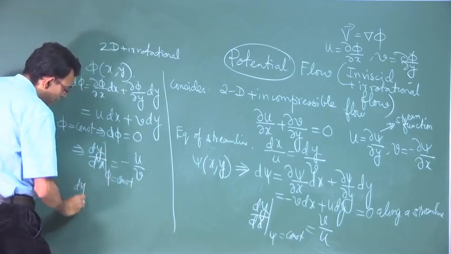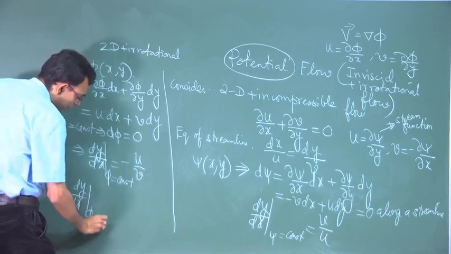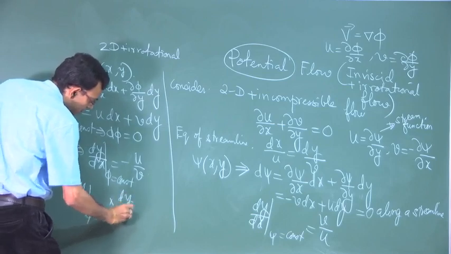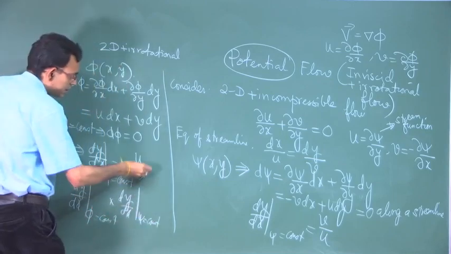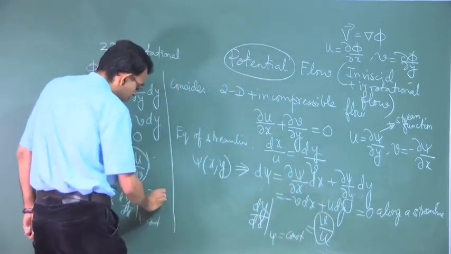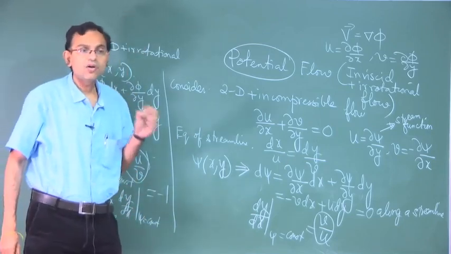So, dy dx for phi equal to constant times dy dx for psi equal to constant is equal to minus 1, provided u and v are not 0.